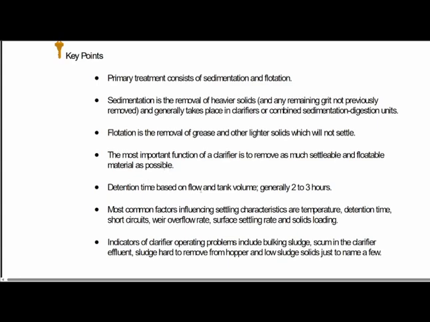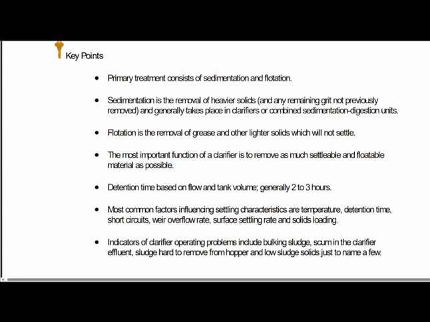Detention time based on flow and tank volume is generally 2 to 3 hours. The most common factors influencing settling characteristics are temperature, detention time, short circuits, weir overflow rate, surface settling, and solids loading.